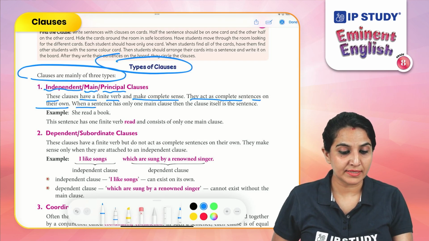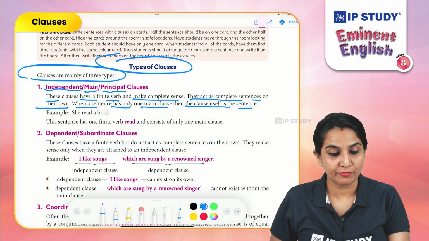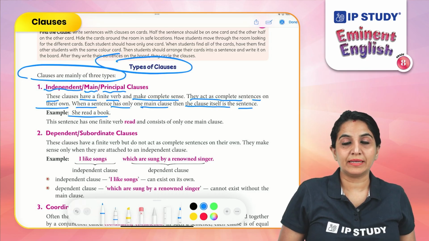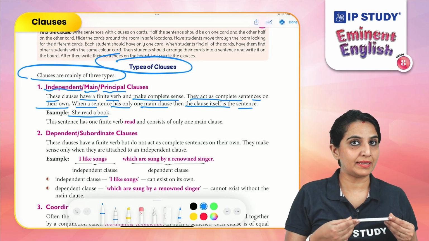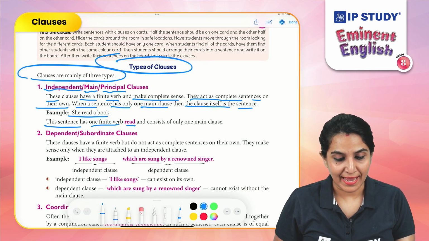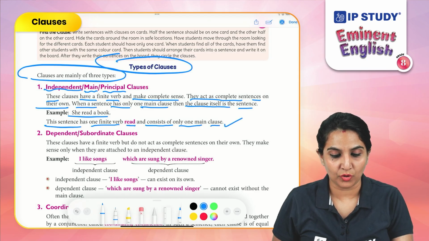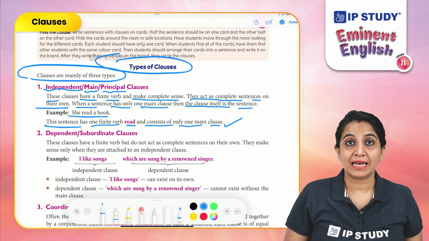When a sentence has only one main clause, then the clause itself is the sentence. Like, she read a book. Now this one is a sentence itself and it has a complete meaning as well. This sentence has one finite verb, read, and consists of only one main clause. Whereas there can be a sentence which has two clauses and they have meanings on their own.